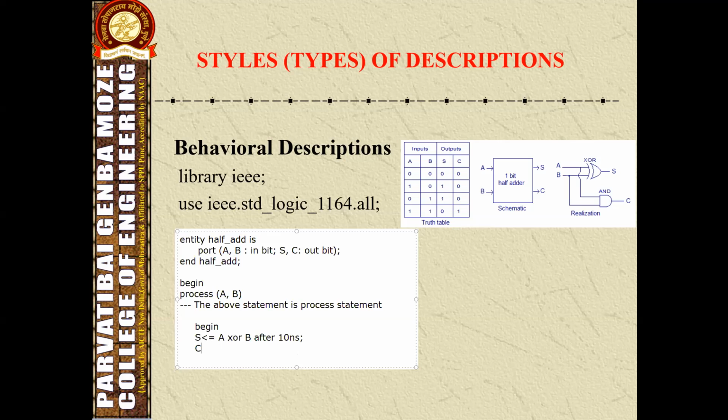Next is carry. Carry is obtained from the input behavior A and B by an AND operation: carry <= A AND B, also after 10 nanoseconds. After that we end with the predefined words end process, and then we end the behavioral architecture.